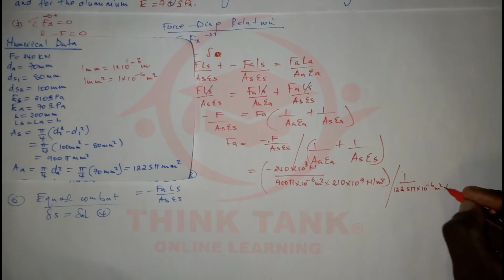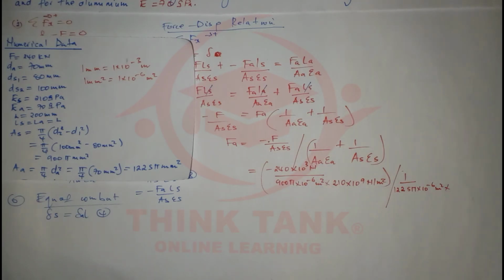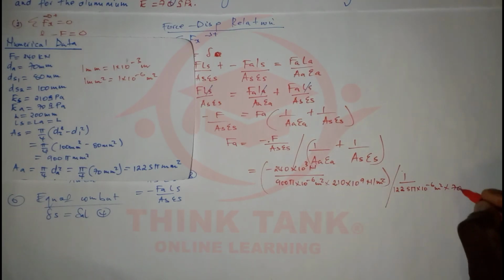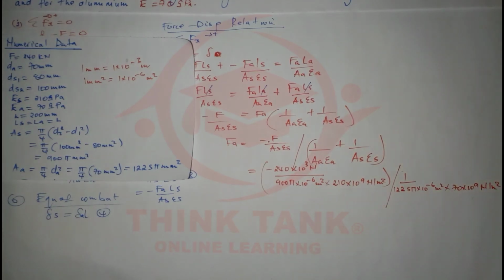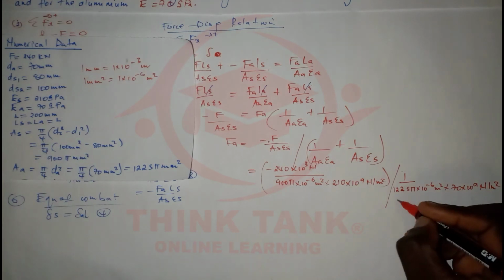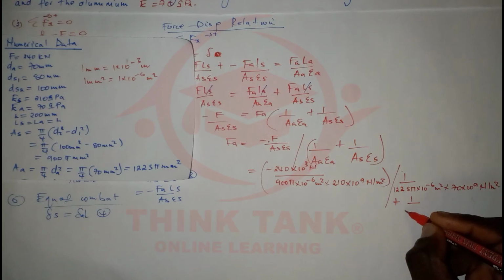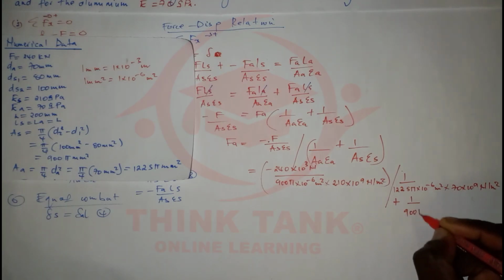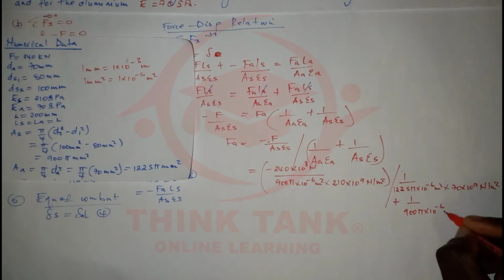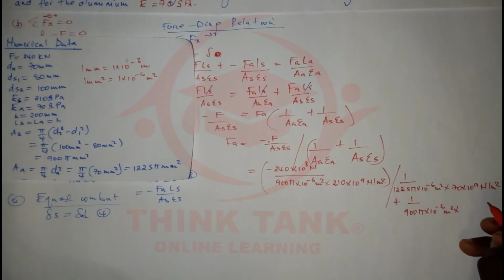We multiply that by the Young's modulus, which is 70 times 10 to the power 9 newtons per square meter. And we add 1 over the area of the steel, 900 pi times 10 to the power negative 6 meters squared, times ES, the modulus of elasticity, 210 times 10 to the power 9 newtons per square meter.